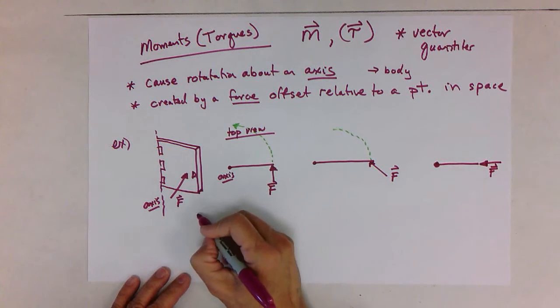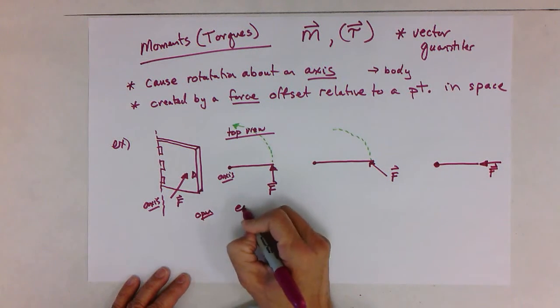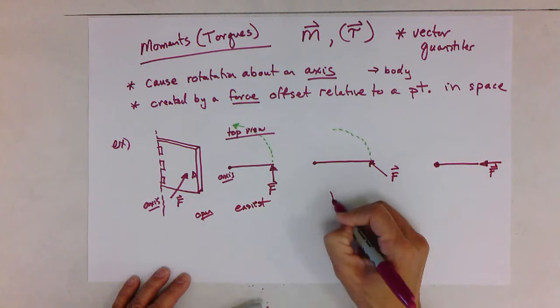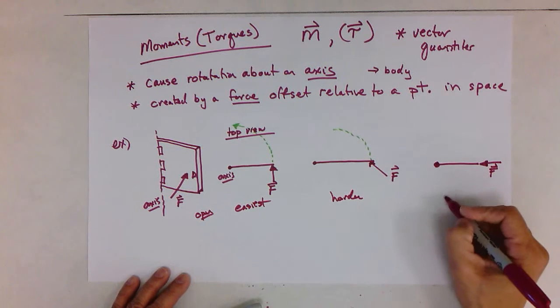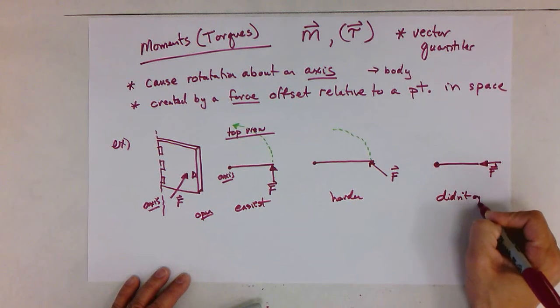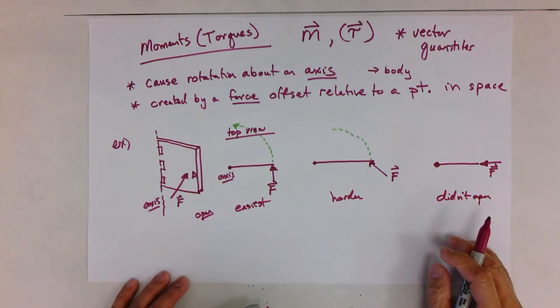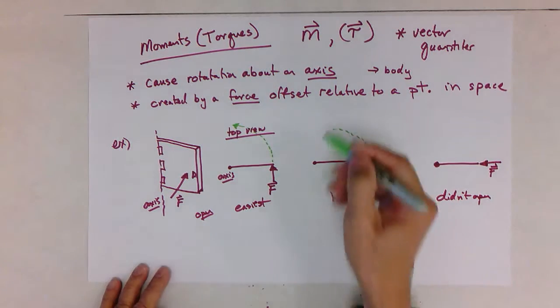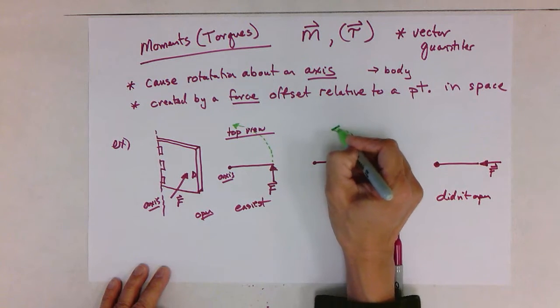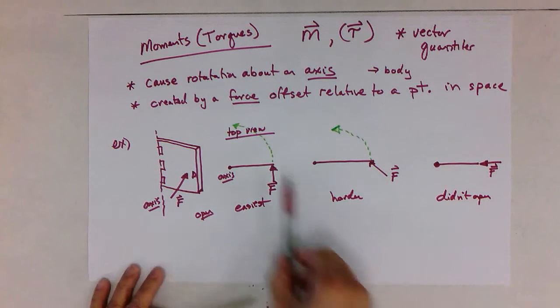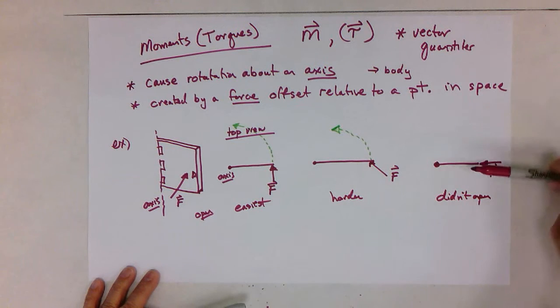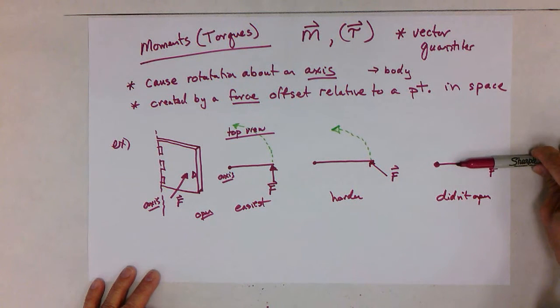In terms of opening, this was easiest, this was harder, and this did not open. So go test this out now. Whatever room you're sitting in, stand up, walk over to the door, and push it at the different angles: dead on, perpendicular, at some angle, and parallel to the door itself.